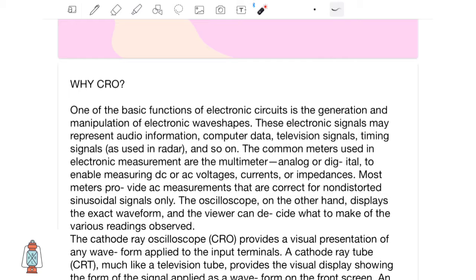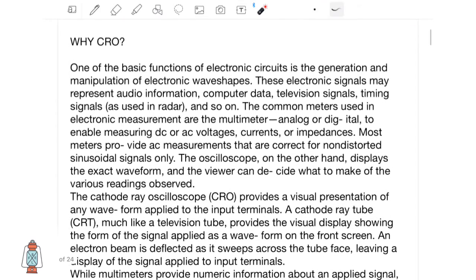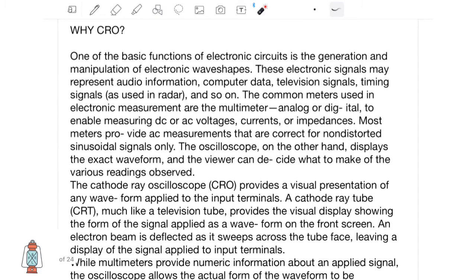So multimeter is a very good device, but certainly it has its limitation, and hence there is the need for CRO. So one of the basic functions of electronic circuit is the generation and manipulation of electronic wave shapes. So electronic signal, why do you need to modify your electronic signals?